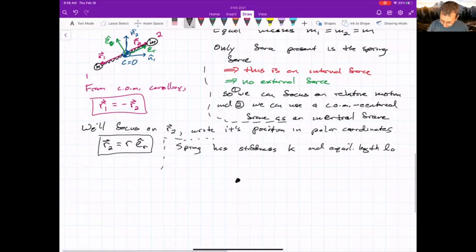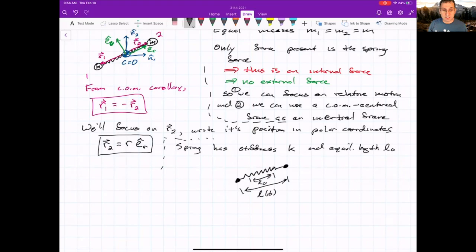So if I were to sketch this out, for any general distance between these two, let's call that L, but there's an equilibrium length L naught.